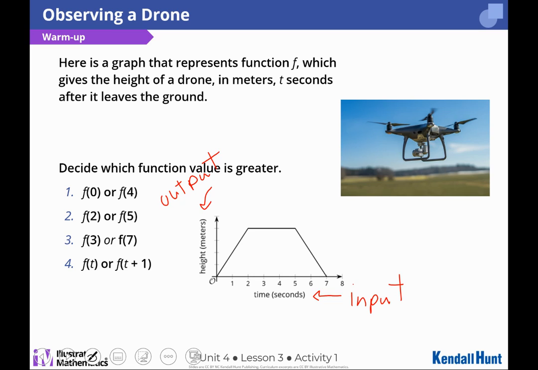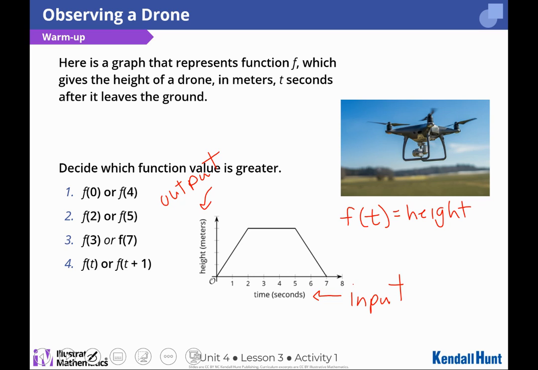All right, and then when we think about how that works, each of these heights would be represented by f of t. So f of t is equal to the height of the drone.